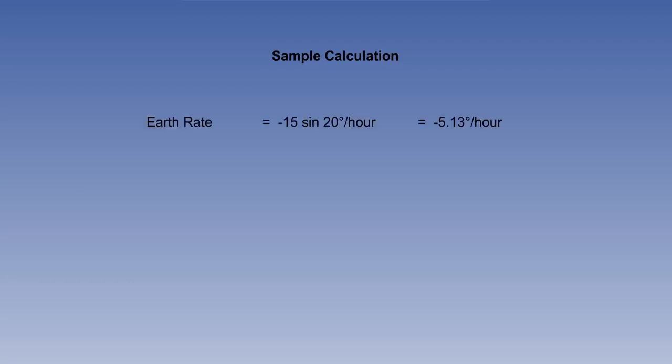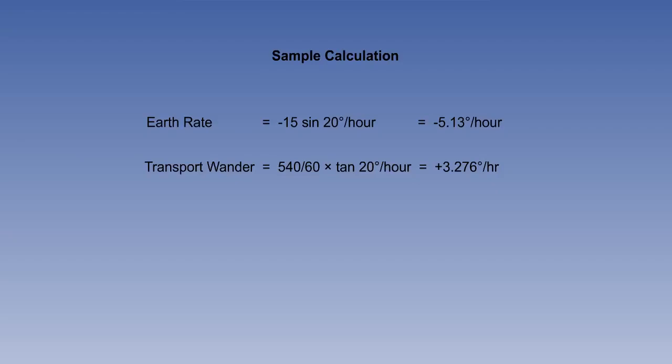Let's go through the calculation together. We know Earth rate equals 15 times the sine of the latitude, in degrees per hour. And the mathematical sign for Earth rate in the Northern Hemisphere is minus. Transport wander equals the easterly component of ground speed divided by 60, times the tan of the latitude, in degrees per hour.